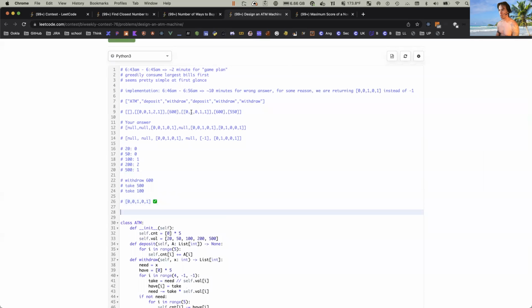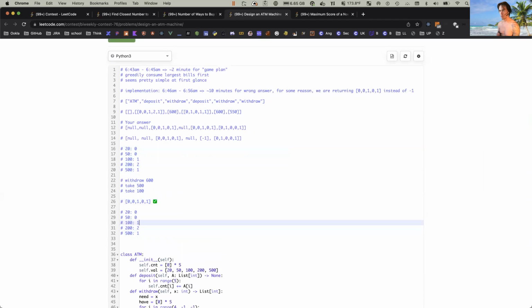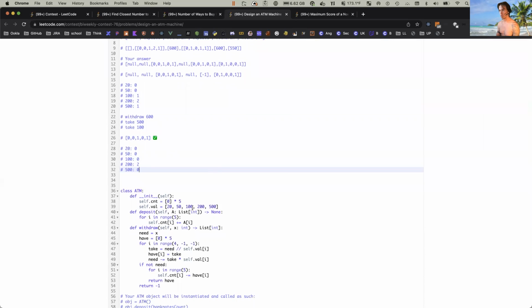Okay, and then we're going to deposit these guys. Actually, after we withdraw that, we should have 0 and 0. I suppose we can print these out as we go too, right?